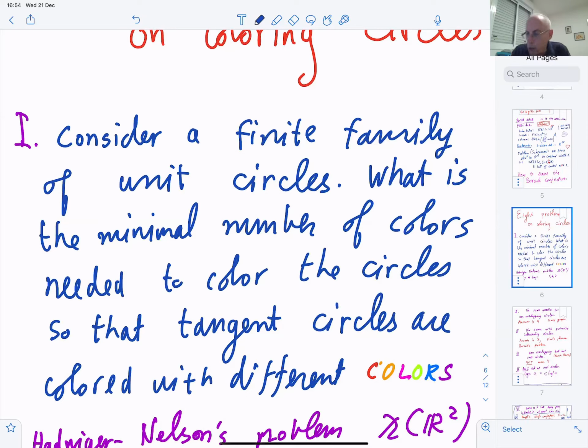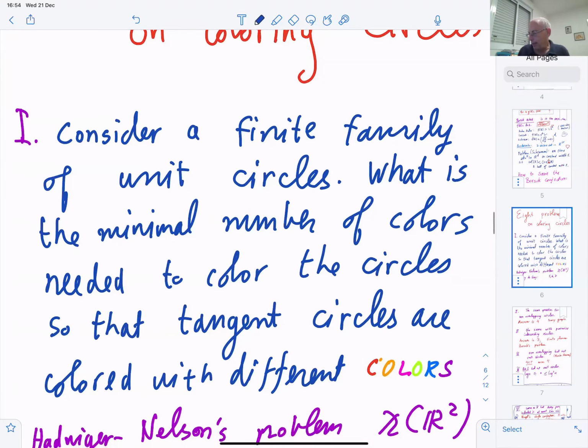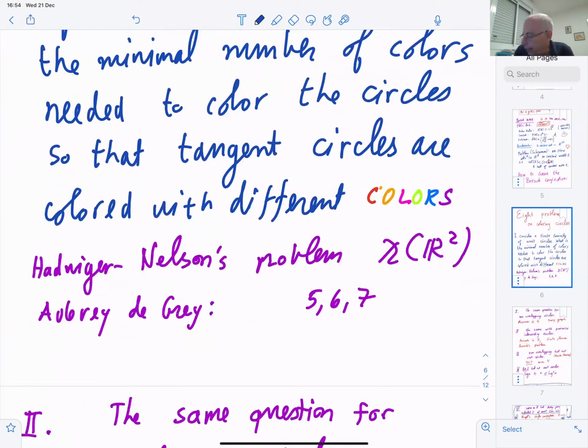This is the famous chromatic number of the unit distance graph, the problem posed by Hadwiger and Nelson. And due to recent work a few years ago by de Grey, the answer is 5, 6, or 7.